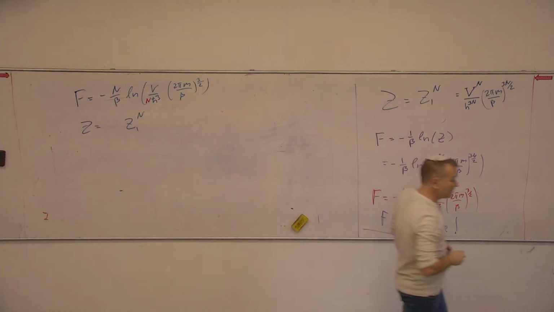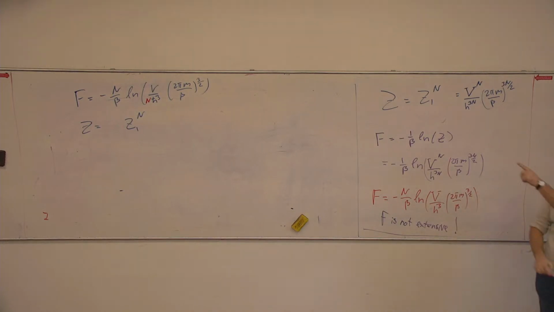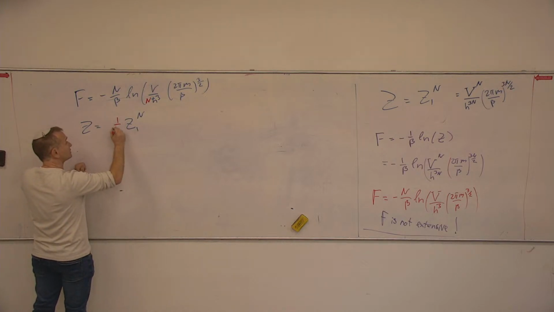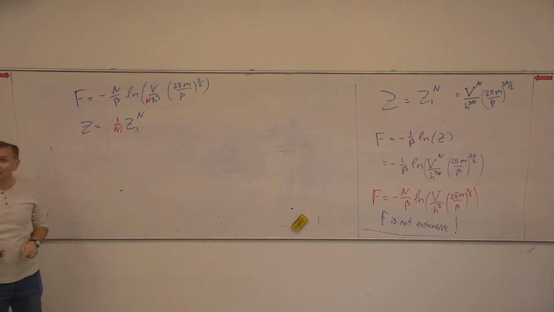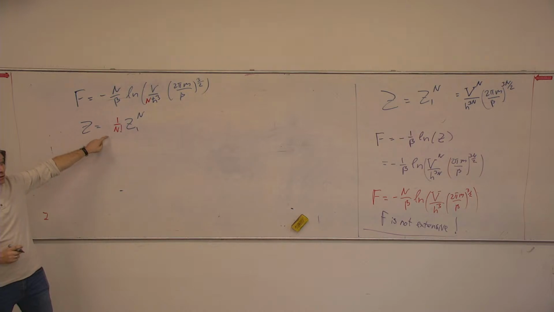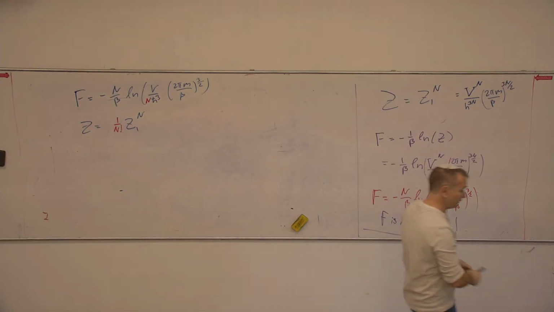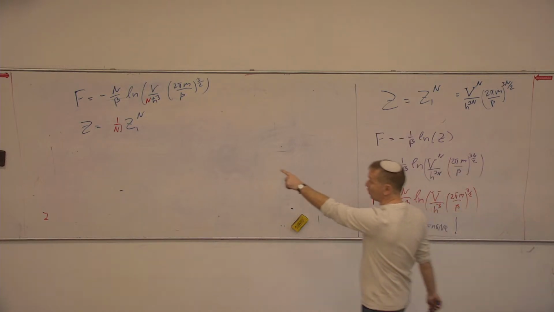Gibbs said, well, let's play with this expression. Let's introduce something like 1 over n factorial. What does the introduction of this 1 over n factorial give us? So let's redo all the math that we have inside by introducing this n factorial.